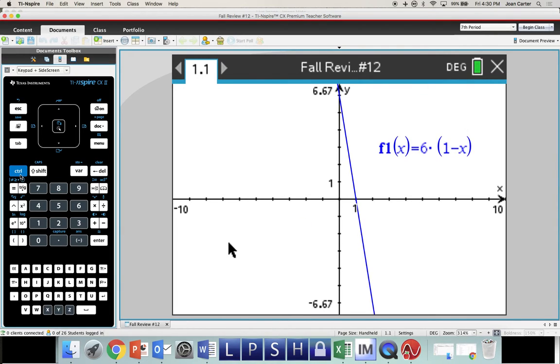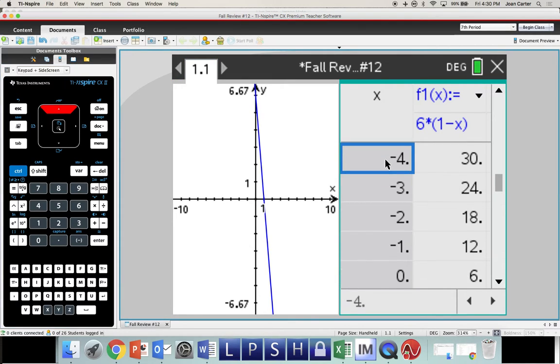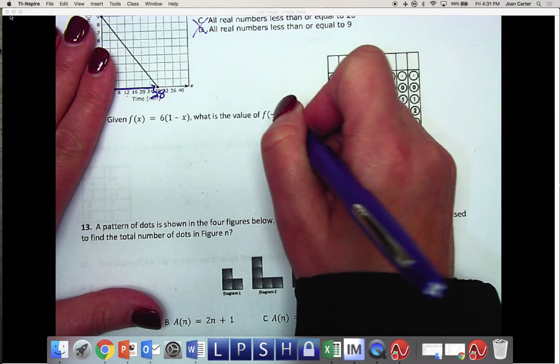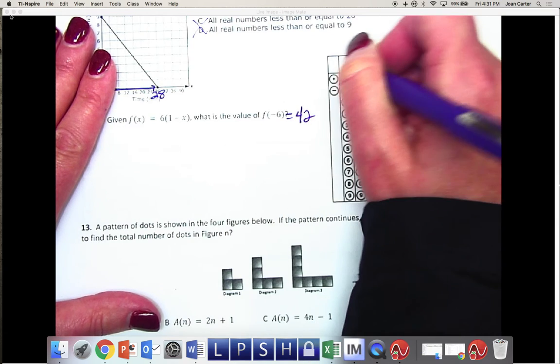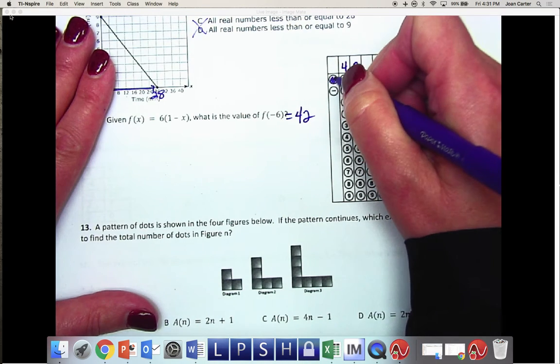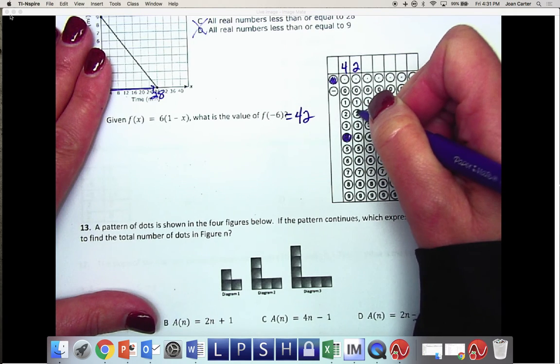If we hit Control T, we can scroll up to negative 6, where we see that it is right here at 42. Okay, so it is at 42. So to put this on the griddable, I can put the positive there. I don't have to, but it certainly won't hurt it.